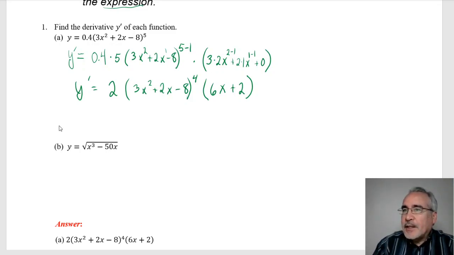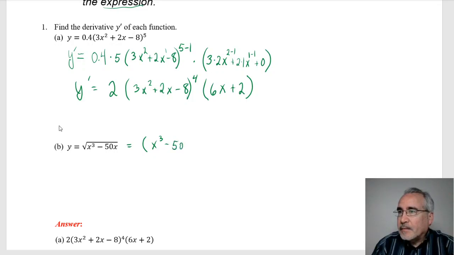For this one, the next one, the B question, as we go to take its derivative, what we want to do is notice there's an inside part, and what's the outside part? It's really a 1/2 power. A square root is a 1/2 power. So we're going to take the derivative of the outside part times the derivative of the inside part.